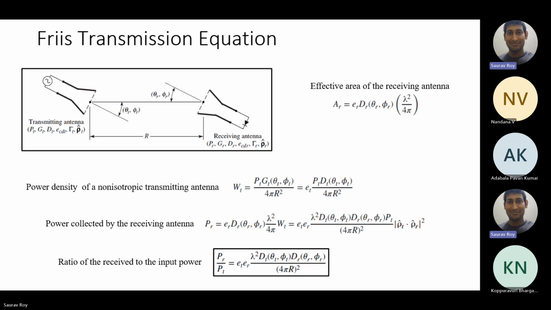It takes care of D, the directivity of the receiver antenna, and lambda square by 4 pi, as well as ER, the efficiency of the antenna. But we are ignoring gamma, the reflection loss, and polarization loss for now. Later we will see it can be brought in as a general form. Just not to complicate everything at one go, we are removing some portion of it. So the effective aperture area is taking only the losses in the antenna.